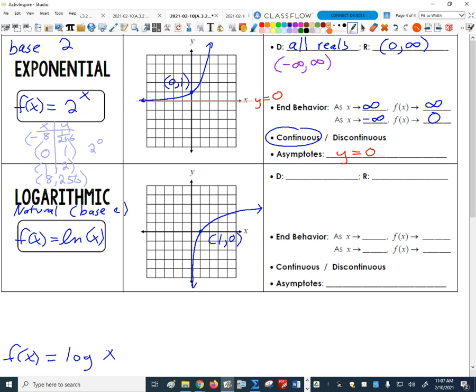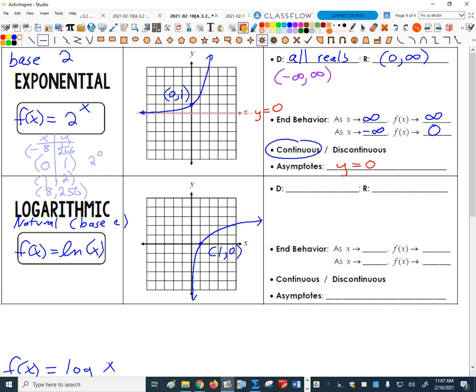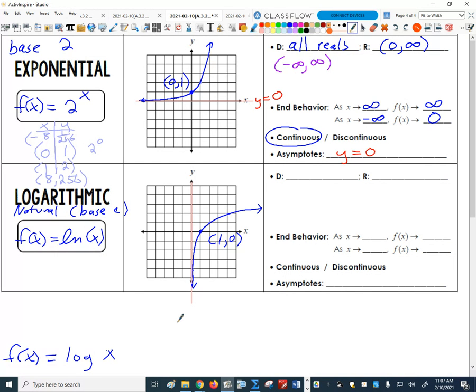They also have asymptotic behavior, but instead of a horizontal asymptote on the x-axis, logarithmic functions have a vertical asymptote on the y-axis. So the equation of the asymptote is the vertical line x equals 0. Okay? That's all we need to know, is that that's how they behave.